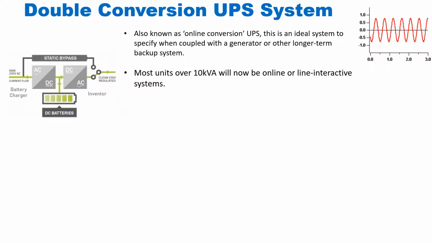Okay. Now, this day and age, most units of 10 kVA, 10 kilovolt amperes, tend to be online UPS or line interactive. And nowadays the trend is towards online instead of line interactive, just because of the benefits that you get with an online UPS.